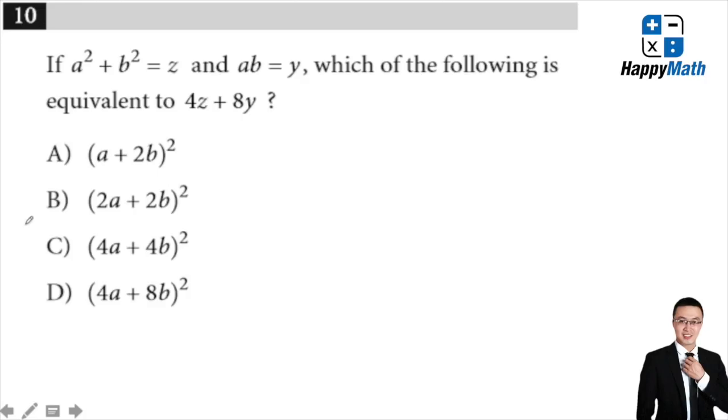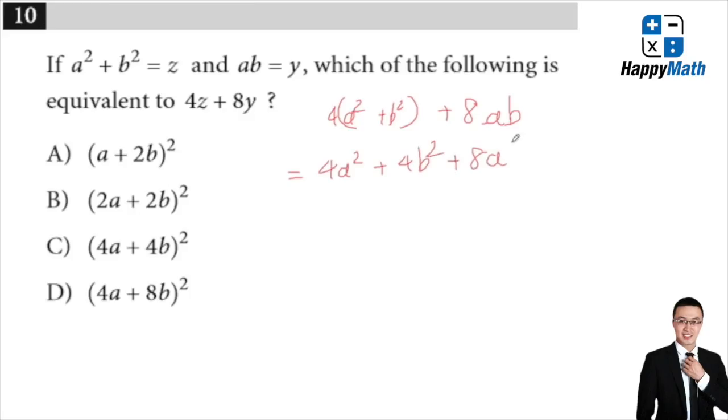If a squared plus b squared equals z and ab equals y, which of the following is equivalent to 4z plus 8y? 4z means 4 times a squared plus b squared, and y means a times b in here. 4a squared plus 4b squared plus 8ab.